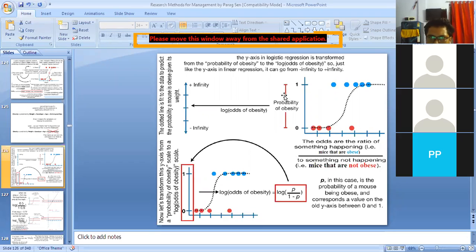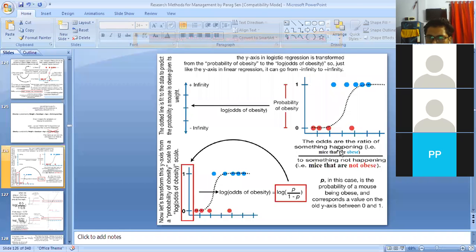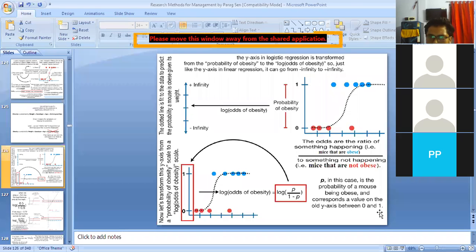Now you can ask what is meant by odds of obesity. The odds are the ratio of something happening to something not happening. It means the probability that mice are obese divided by the probability that mice are not obese. P in this case is the probability of a mouse being obese, and corresponds to a value on the old y-axis between 0 and 1.